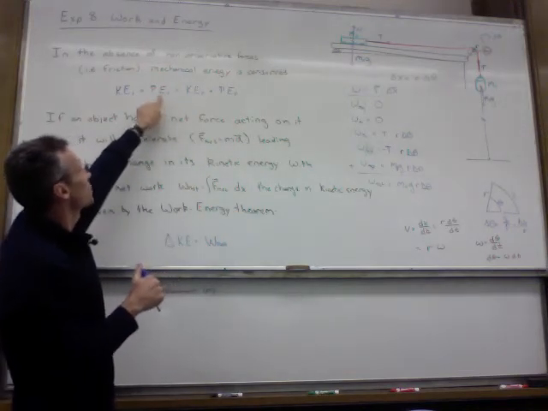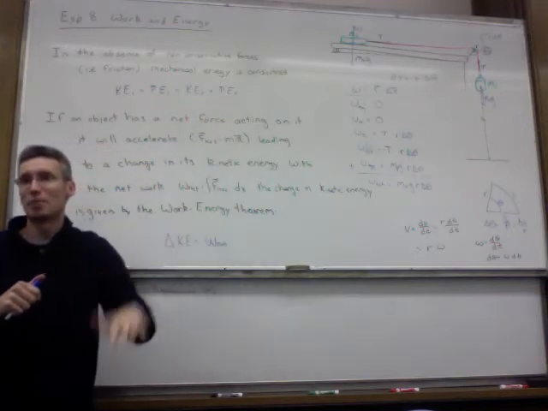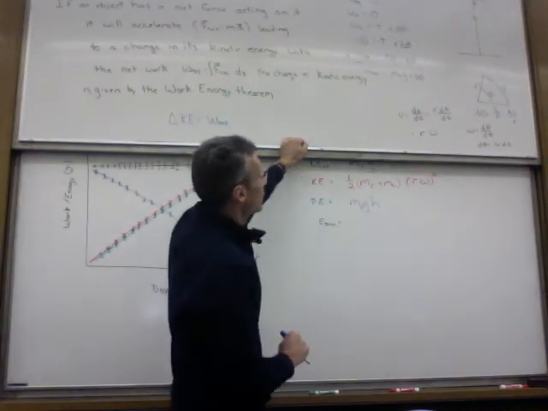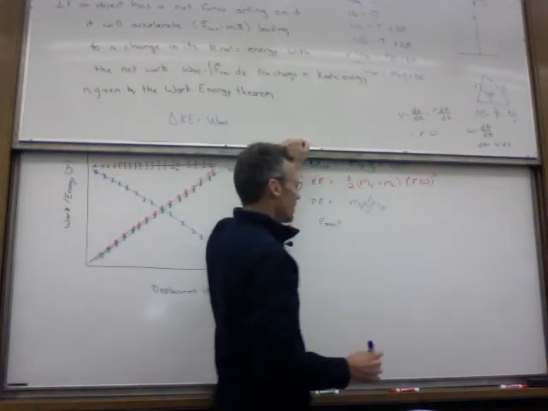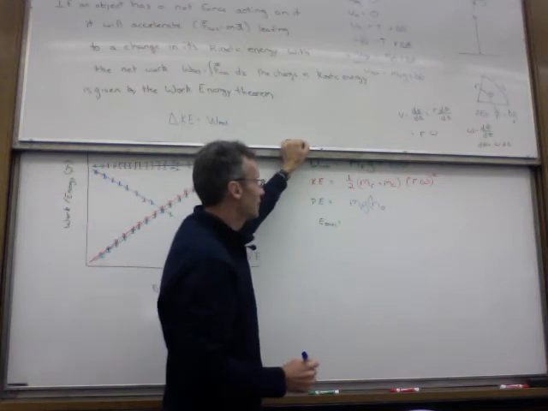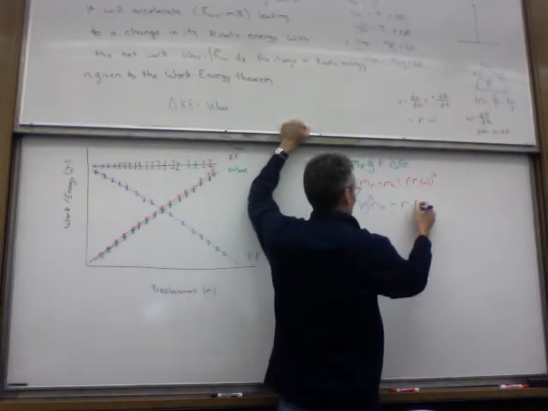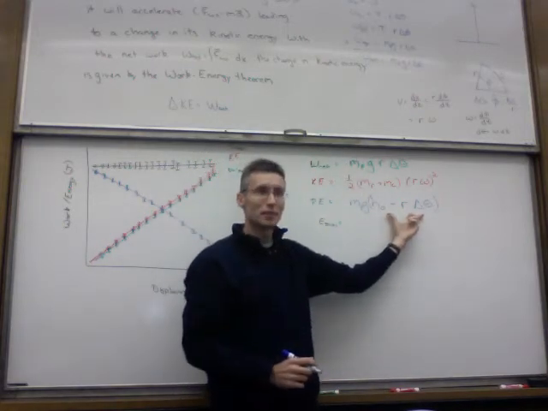So whatever the cart's potential energy is initially, it will be the same thing afterwards. Only the falling mass is moving up and down. So that's the only one we actually need to keep track of. And for h, the height of the mass, it starts at a height h naught, and it's moved a distance r delta theta downward, then this is how high it is.